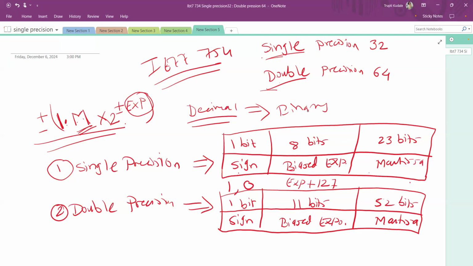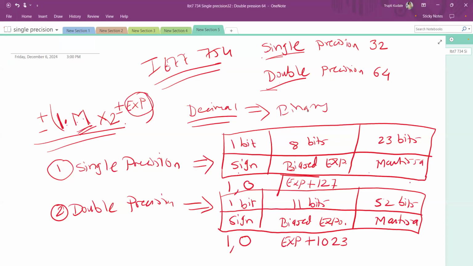In case of double precision format, again if the sign bit is 1, that means the number is negative. If the number is positive, sign bit will be 0. The biased exponent will be your actual exponent plus 1023.